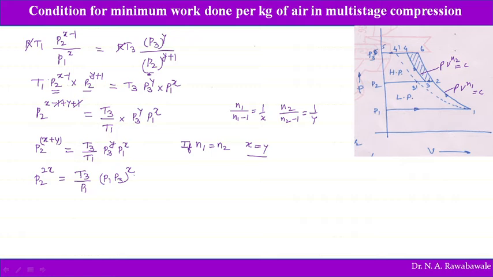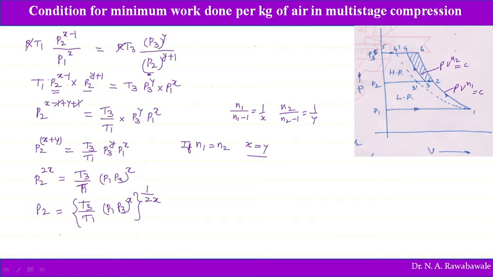So transferring this power 2x on right hand side, we can write P2 is equal to T3 divided by T1 into P1 P3 to the power of x whole power 1 by 2x. So taking 1 by 2 as the power on both sides, we get this.